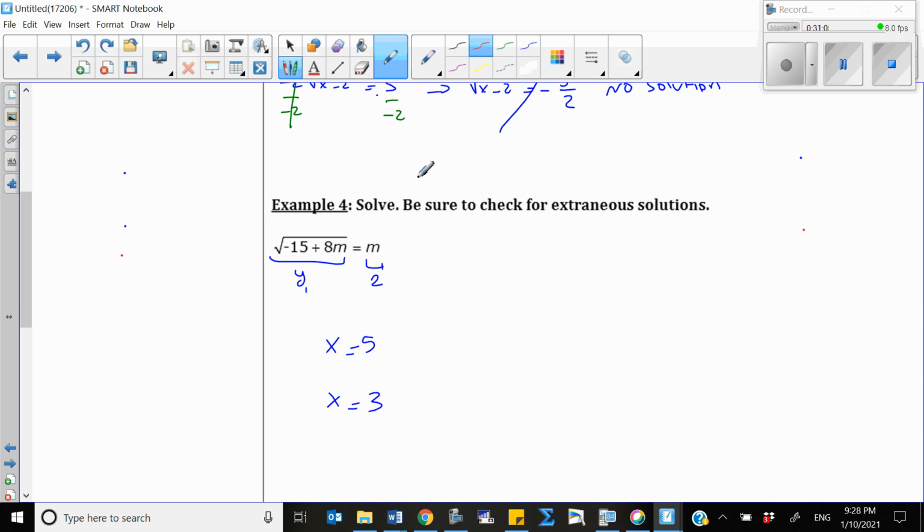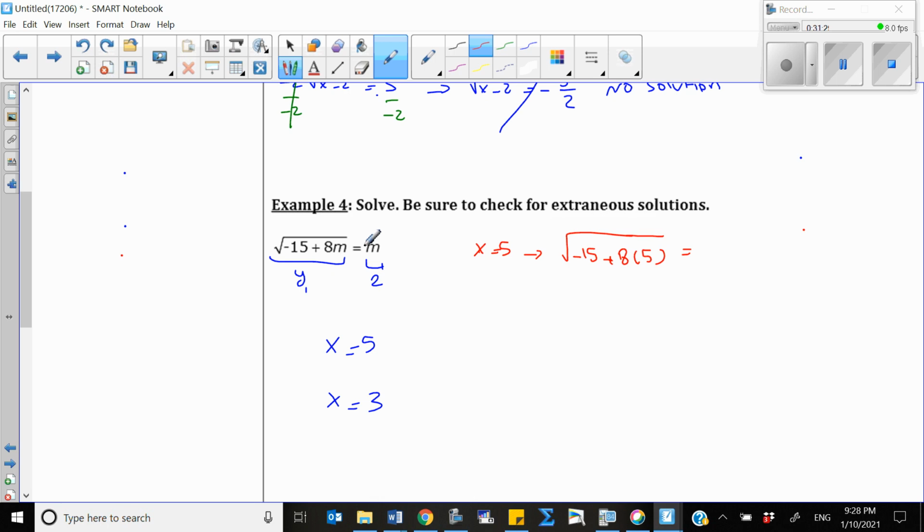So these are the solutions. And now I'm going to plug those into the equation and make sure they are valid answers. So for x equal to 5, just plug that into equation. It will be square root of negative 15 plus 8 times x. Instead of m here, I'm going to write this solution 5.